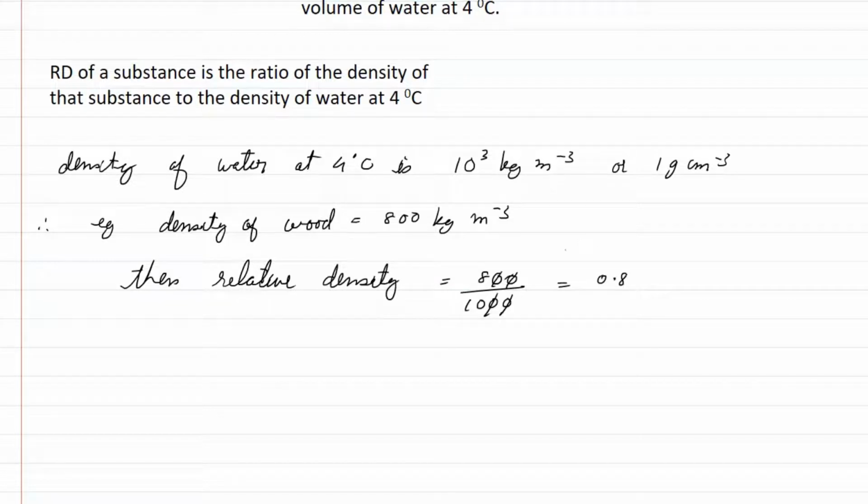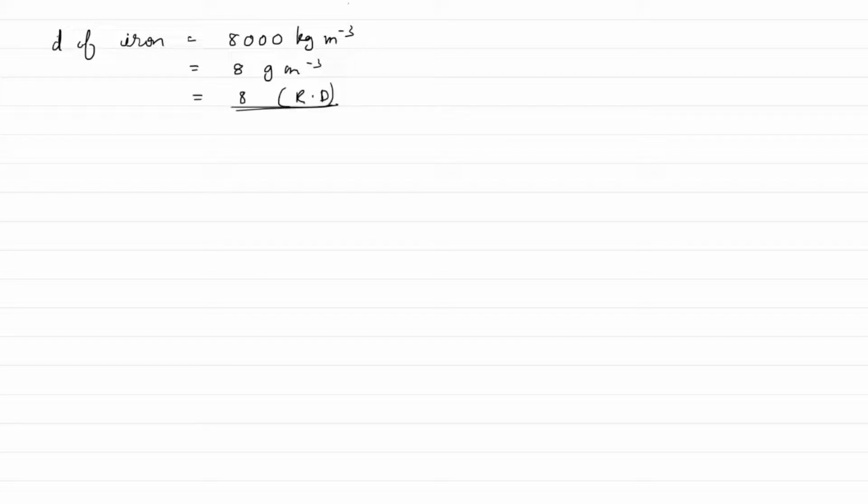Relative density has no unit because it is a ratio. If the density of, say, iron is 8000 kg per meter cube, then the density of iron in CGS is 8 gram per centimeter cube, and it is 8 as relative density. That is how you remember.